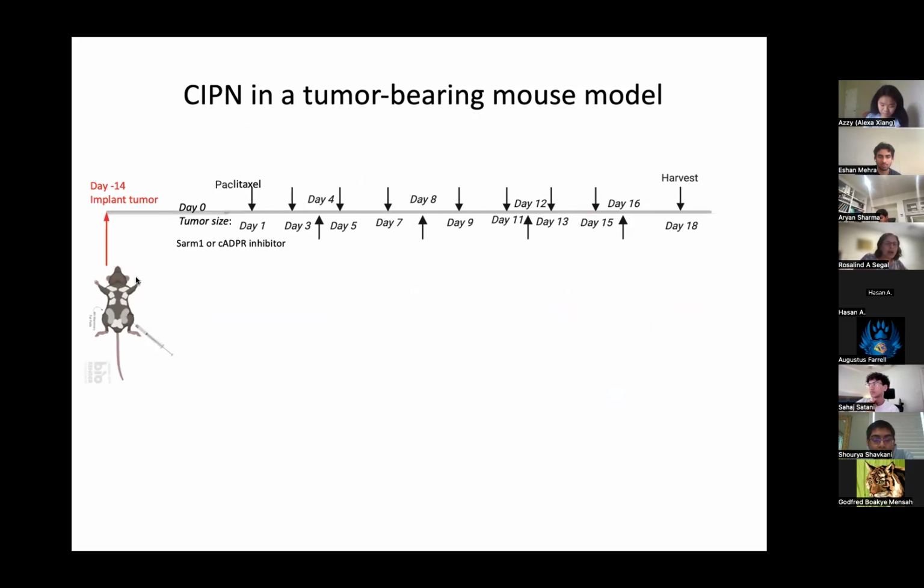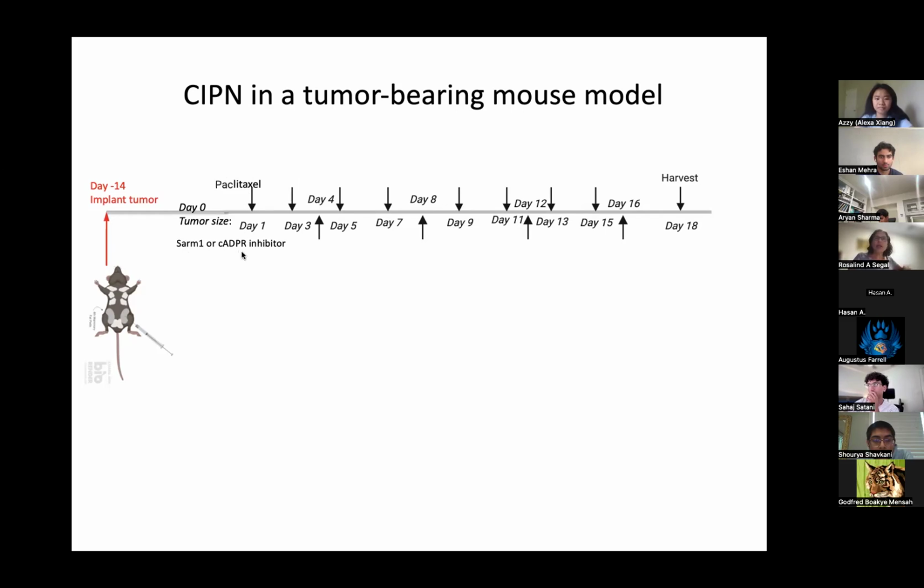So in our case, what we have is a mouse with breast cancer, and we have it with a specific kind of breast cancer, which is sensitive to paclitaxel. So what we did is we have the mouse, we treat with paclitaxel on a very specific schedule, which is basically twice a week for 3 weeks.